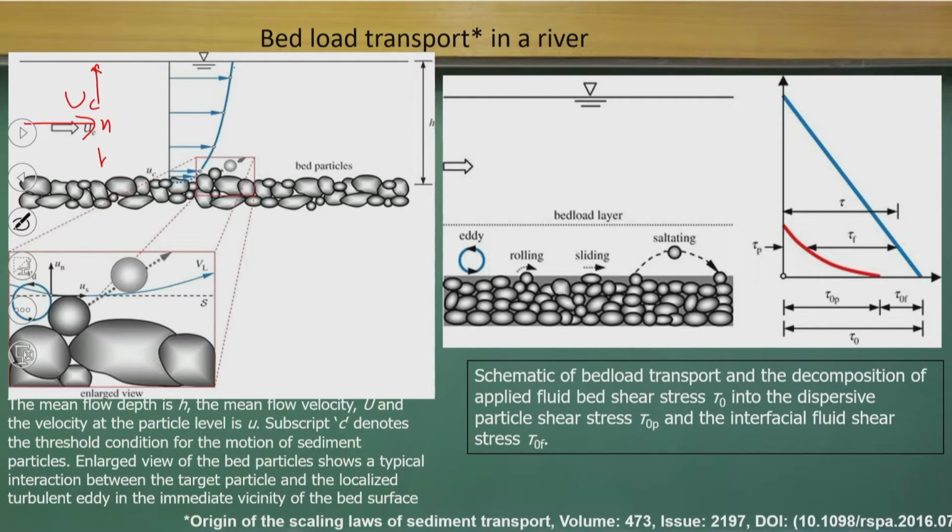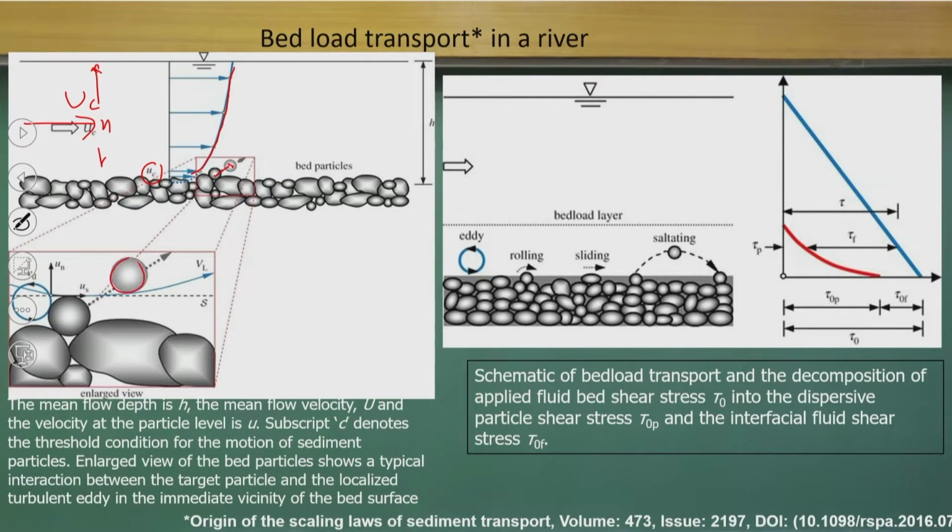This is the logarithmic velocity distribution for a turbulent flow. U_c stands for the velocity near the particles, the bed particles which will be detached from the bed material.